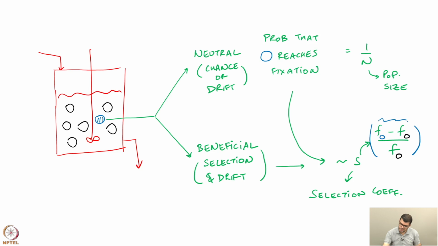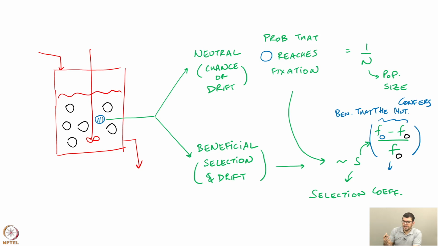So the numerator here represents the benefit that the mutation confers, and the denominator is simply the fitness of the ancestor. So selection coefficient is the fractional advantage that a mutation confers to a population. So we did these two cases.